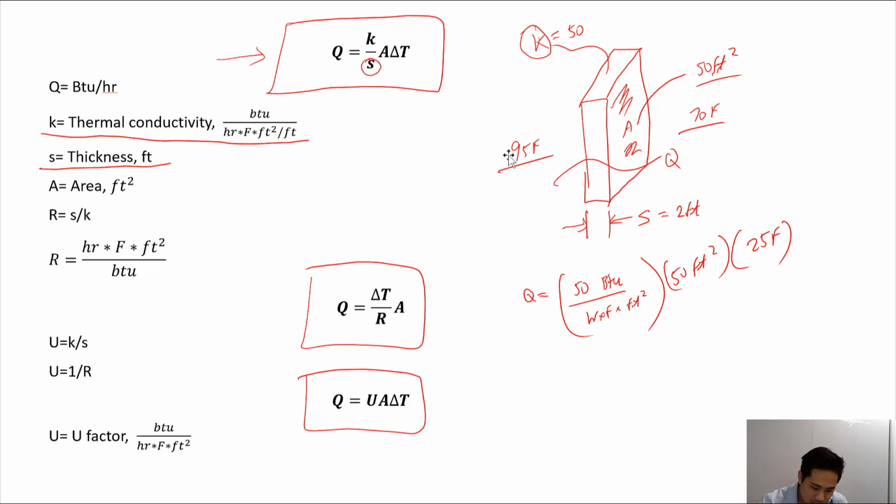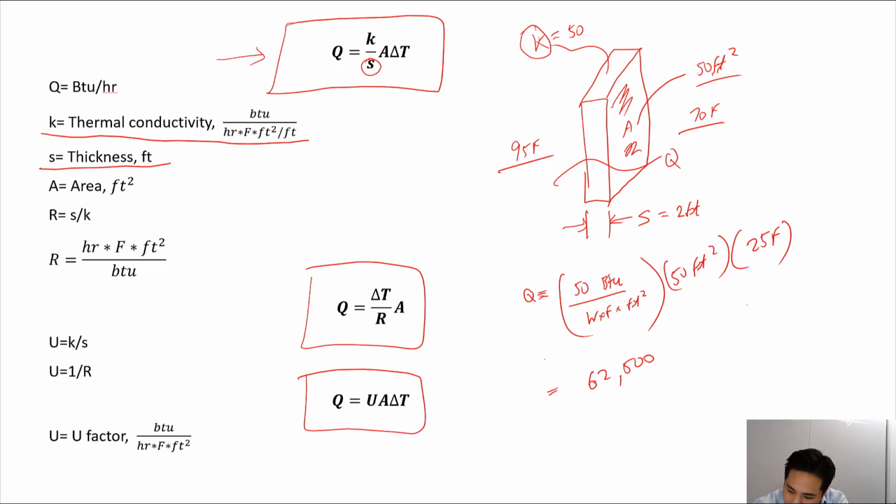Now all this equals 50 times 50 times 25. Now when you multiply this out, it'll come out to 62,500.